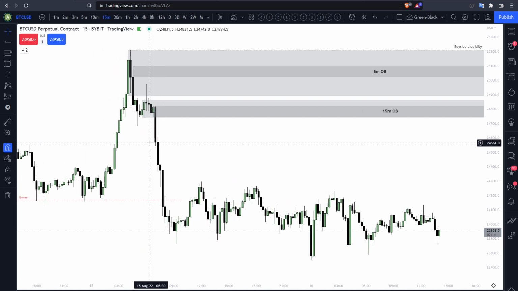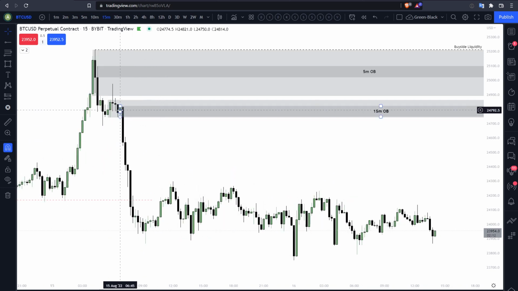So this is what is called a mitigated order block. It means that in these two particular green candles, price went lower and it went back up to tap into this area. So this one on 15 minutes doesn't count. So we're gonna remove it.